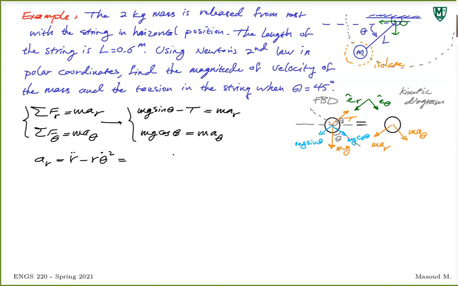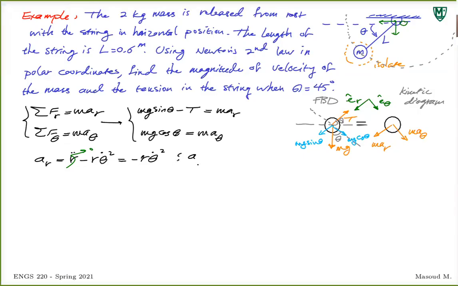Thank you. So it's zero, right? Because r is L in this case. The length of the string is constant. It's just swinging. So we don't really have any change in the length of the string or in the r direction where the particle is. The particle doesn't really move in the r direction. It only moves in the theta direction. So that is zero. Since it's fixed, this becomes minus r theta dot squared.